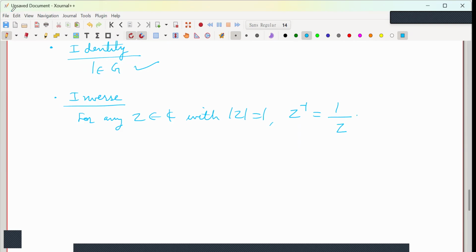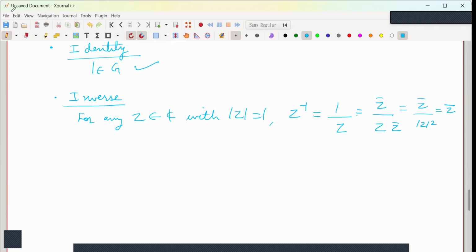Now, how to write this inverse in terms of A plus iota B form? A minus iota B. And how are you getting that? You just multiply both sides by the conjugate, Z bar, and this will be Z bar over mod Z square. Since mod Z is 1, this will be just Z bar, which is A minus iota B.